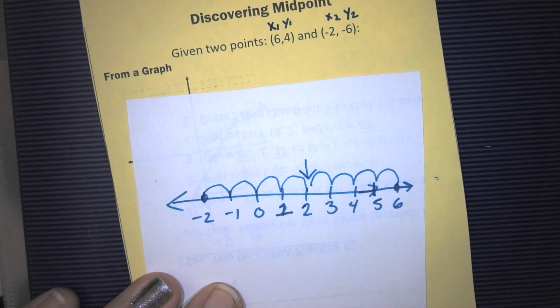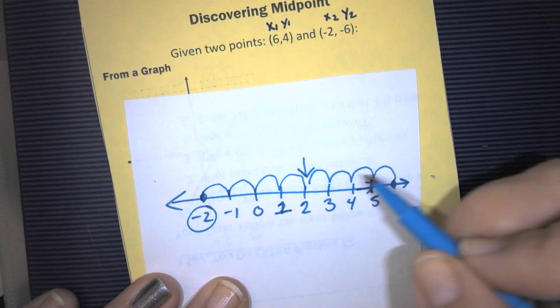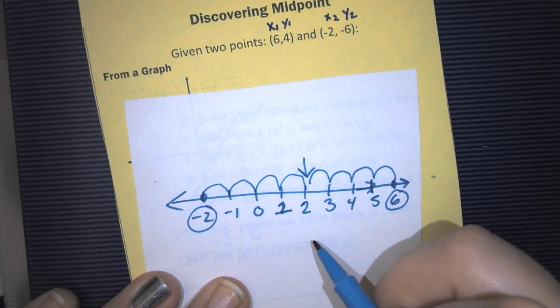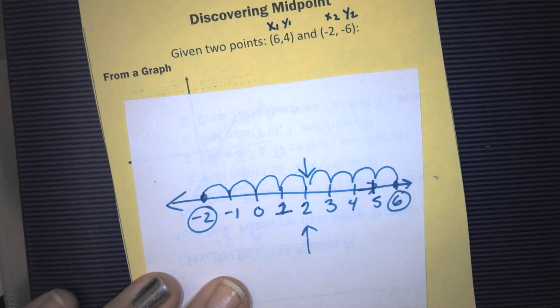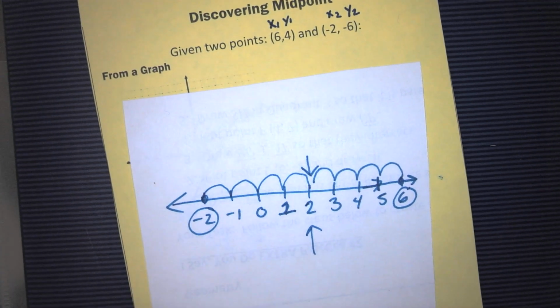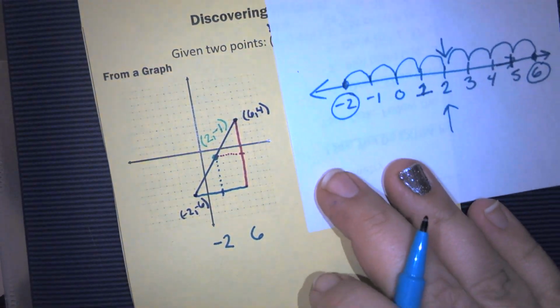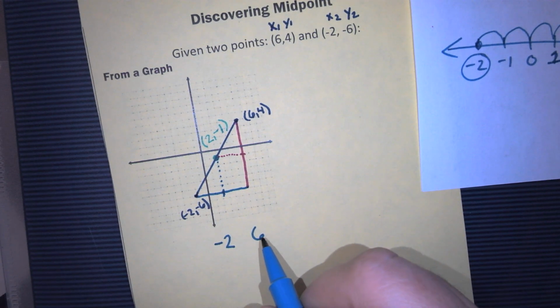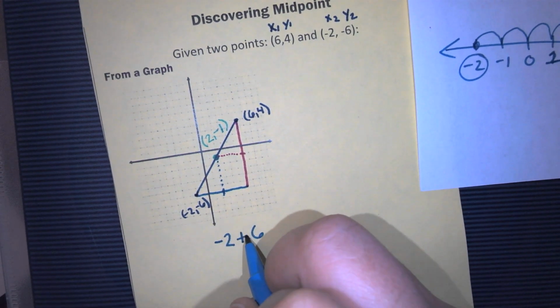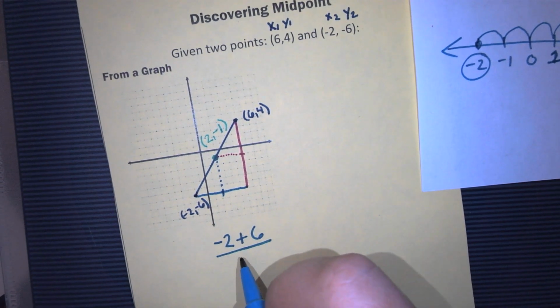Now, mathematically, a middle is an average. If I take this number and average it with this number, I should be getting the middle, which is this number. So what is an average? An average is the mean. We calculated a mean in our other unit, so we've done that before. So what that means is I have to take this negative 2 and this 6, add them up, because that's what we do when we find the mean, and divide by how many there are, and there are 2 of them, so I'm going to divide by 2.